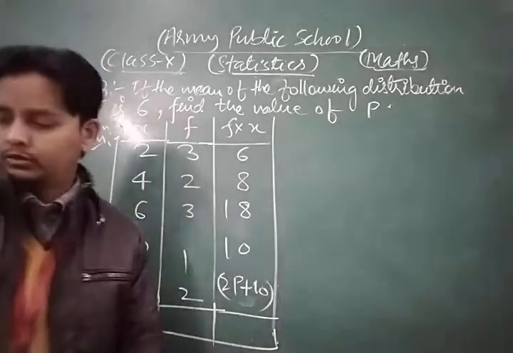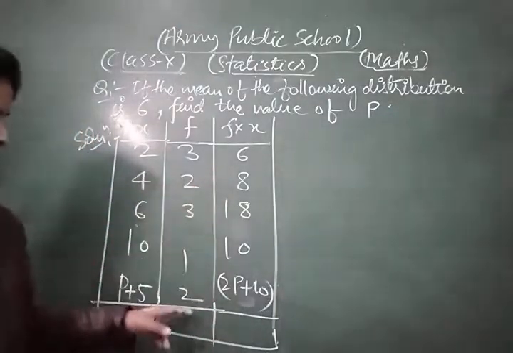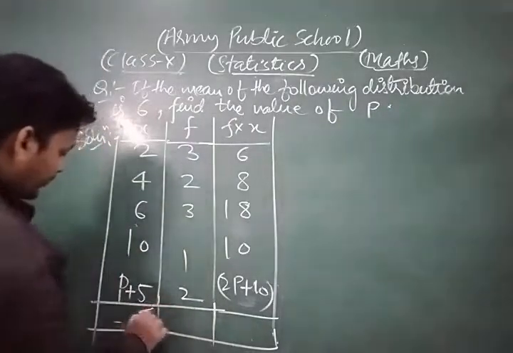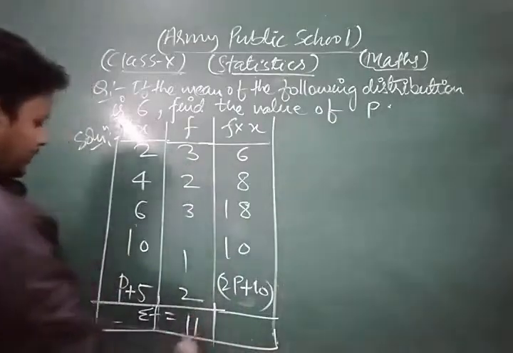Now we add them. Sigma f is what? 3 plus 2 plus 3 plus 1 plus 2 is 11.